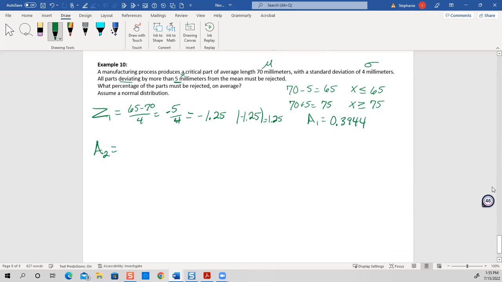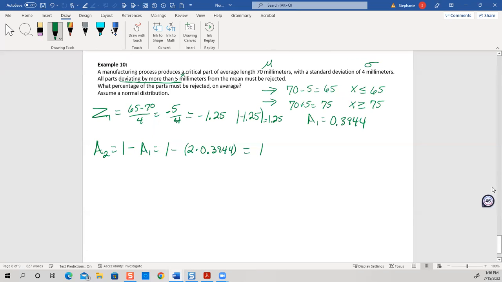Okay, so now let's find the area for the second. We're going to take 1 minus 2 times this area. We are talking about 2 particular points because it says deviating by 5 or more. So we calculated 2 points on both sides, so I'm going to multiply it by 2. We are talking about the whole area under this curve.